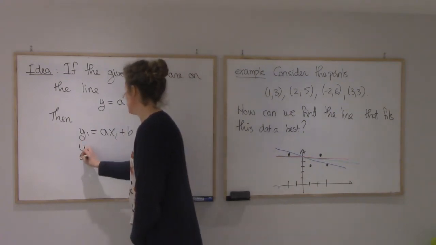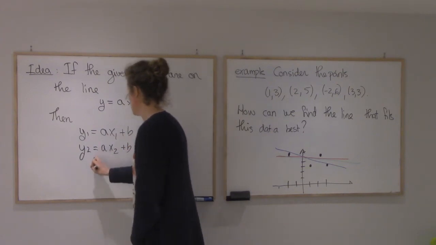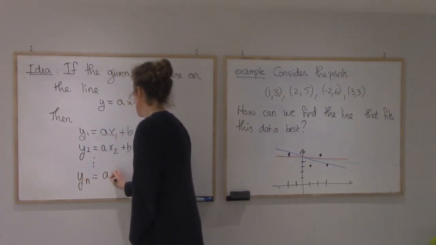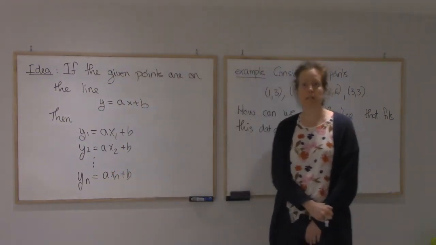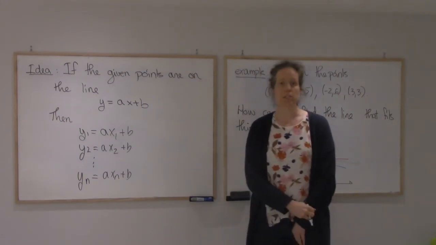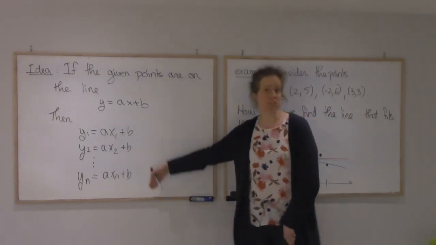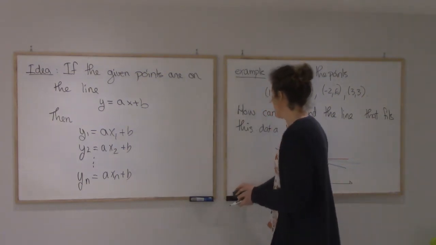Same for y2. So for each data point, I get an equation. If I can find a value for a and b that would work, that would be my slope and my intercept.